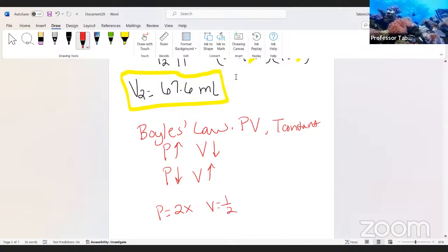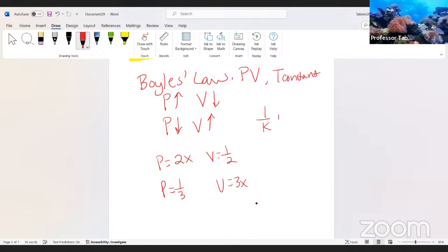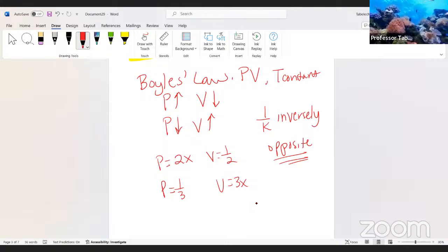If the volume tripled, then your pressure is going to drop by a third. In other words, they're called inversely proportional to one another. That means they're opposites. If one goes up, the other one's going to go down. So if I increase the pressure, then the volume is going to drop, and vice versa.